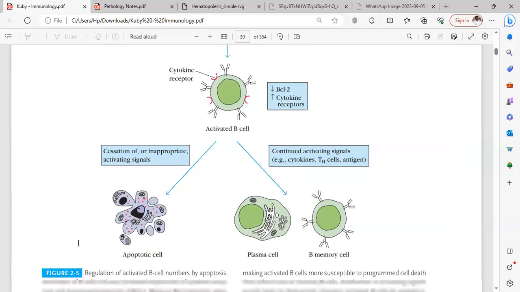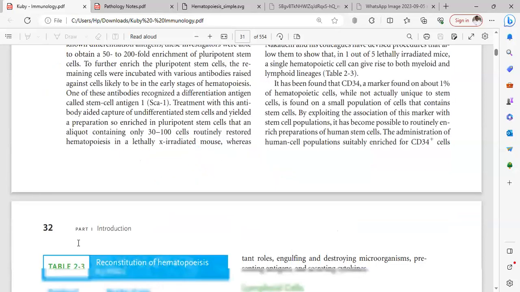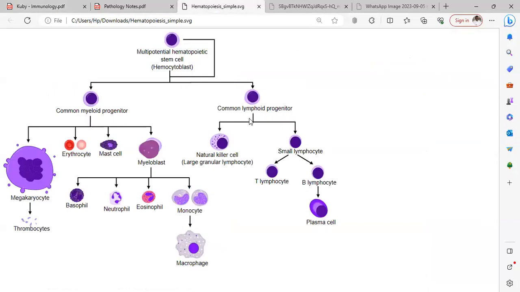So we'll start off with the lymphoid cells. Here, let me go back to this. So we start from this side, the lymphoid cells. So it's the B, T, and natural killer cells.